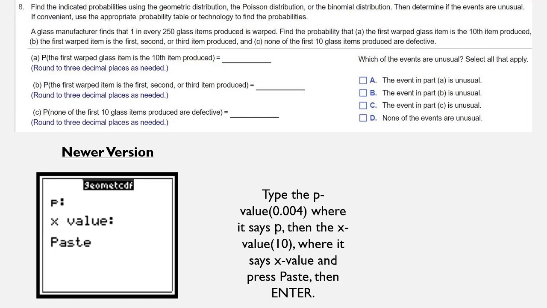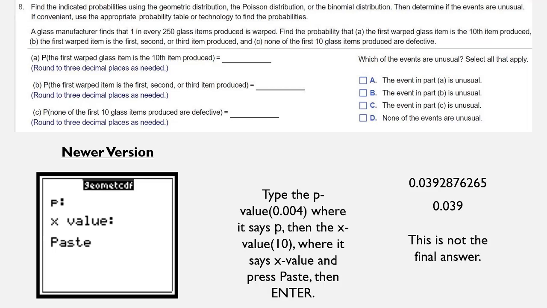And then you'll go to the paste and press enter, and it will put that Geomet CDF 0.004, 10 on your screen, just like if you had the older version. It just fills in the blanks for you so that you don't have to worry about the syntax. And you'll still get the 0.0392876265, which rounds to 0.039.